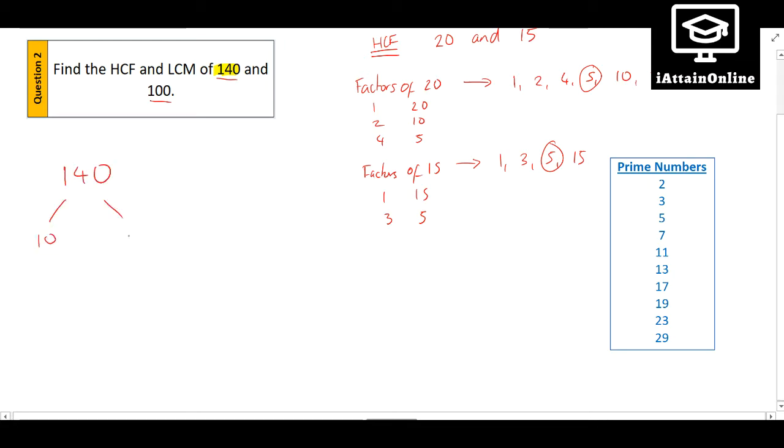So I could use 10 and 14. No, 10 is not prime, so I'm going to write that out as 2 and 5. Both of those are prime. I'm going to write that out as 2 and 7. Both of those are prime. So I'm going to write out 140 is the same as 2 times 2 times 5 times 7.